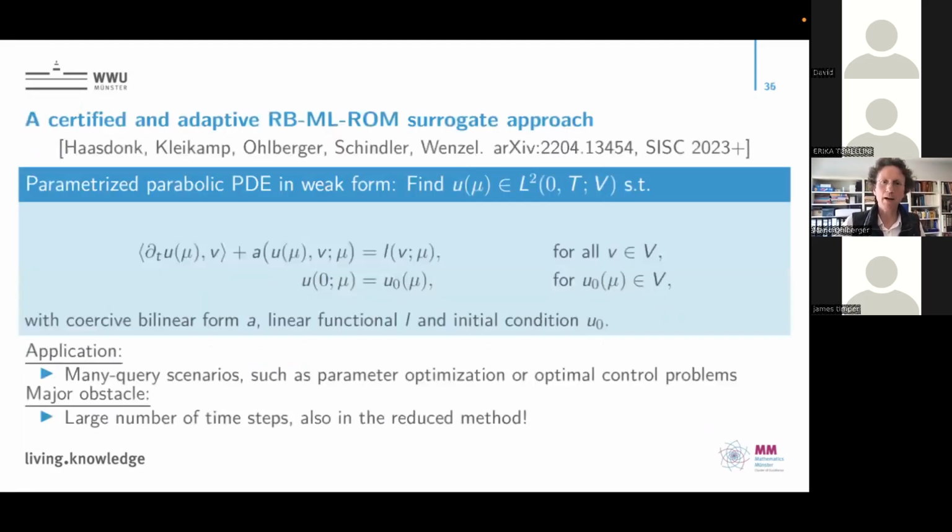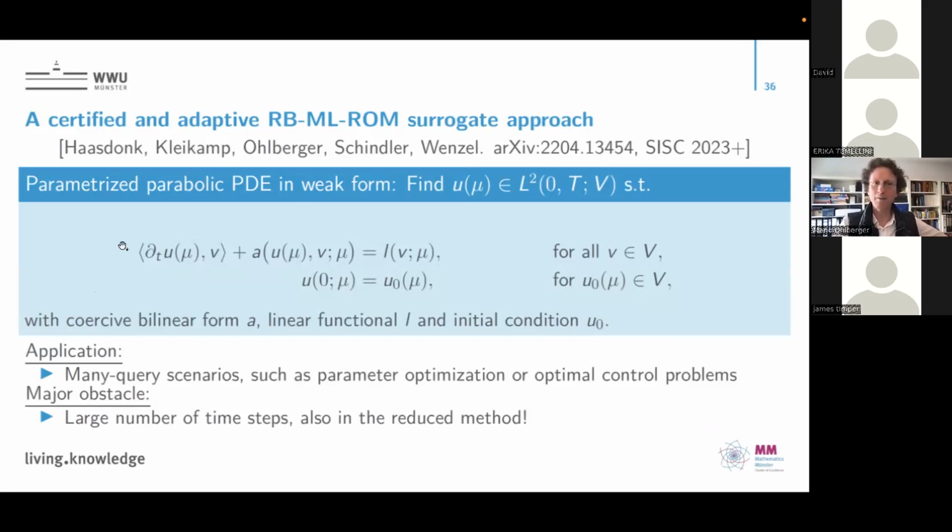And in the next part, I want to go towards parabolic problems and give you some ideas how we can also profit and speed up the methods for parabolic problems, by using machine learning ingredients, in a way as it also has been introduced before in several other contributions. I will come to that.